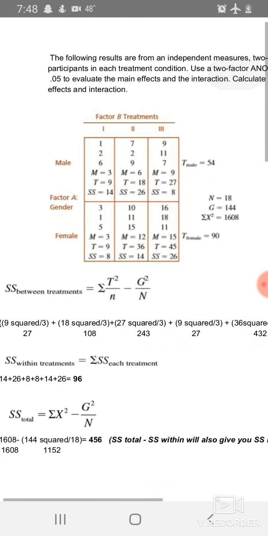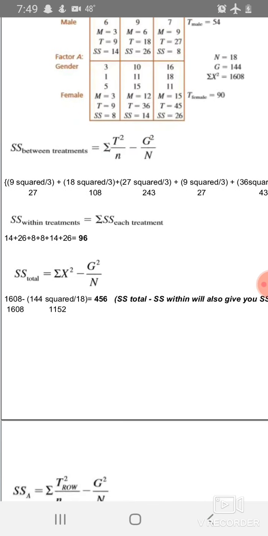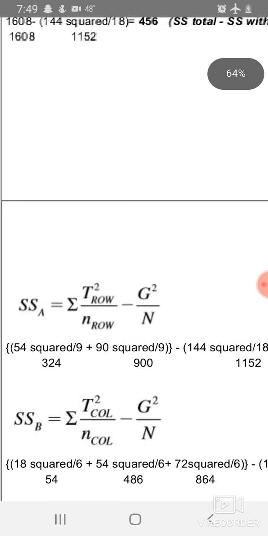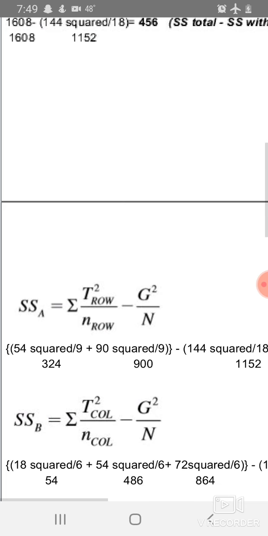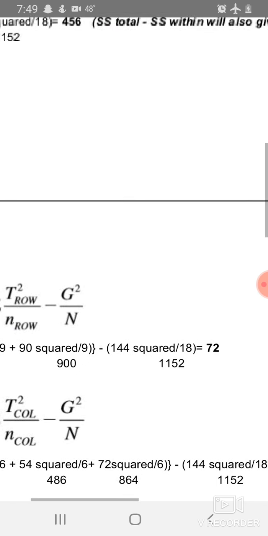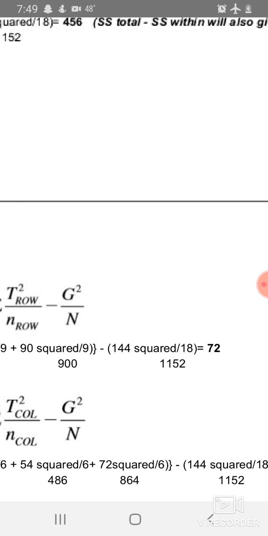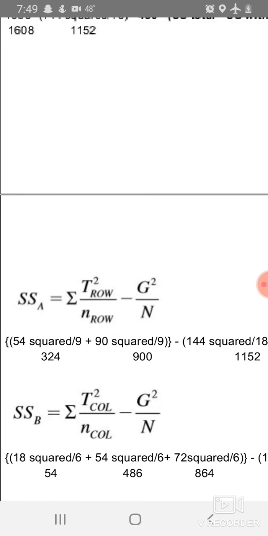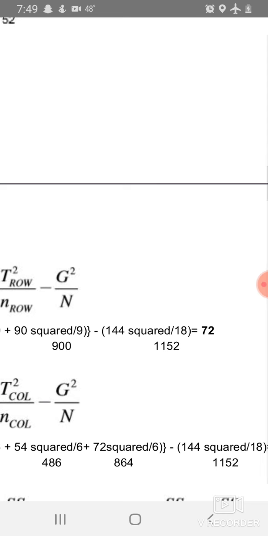You do that for both rows. So that will come out to 54 squared divided by 9 equals 324, plus 90 squared divided by 9 equals 900, minus the grand total squared divided by big N, which is 1152. 900 plus 324 minus 1152 equals 72.